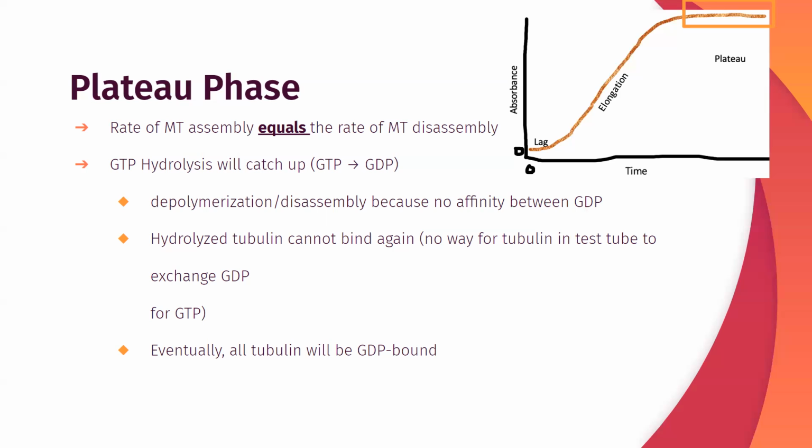In the cell, if we want to keep that microtubule built, then we'll have GTP available so we can keep that cap maintained, but there's no enzymatic mechanism in a test tube to get more of it once you've hydrolyzed all of your GTP. So would we normally see catastrophe in cellular conditions?